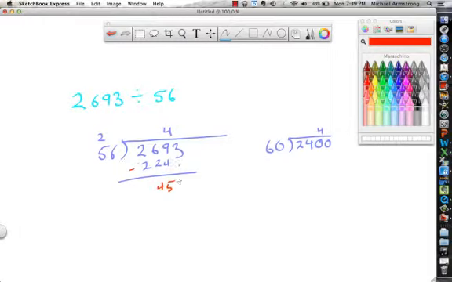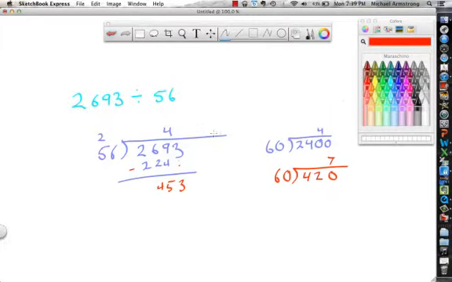Go ahead and bring down the 3. And now I kind of do the same thing. I think 60 goes into the number 453. I'm going to think of a number that 60 goes into, and 6 goes into 42, or 48. So I have to choose one of those. If we just choose 42, that's the one I thought of first. It goes in 7 times. 7 times 6 is 42.